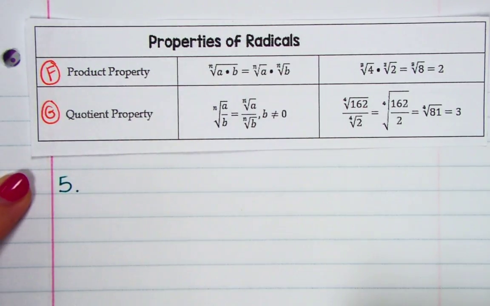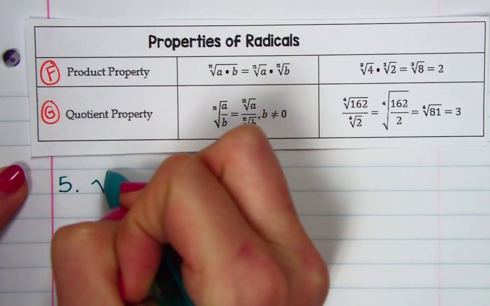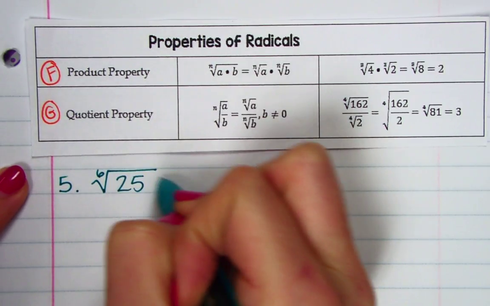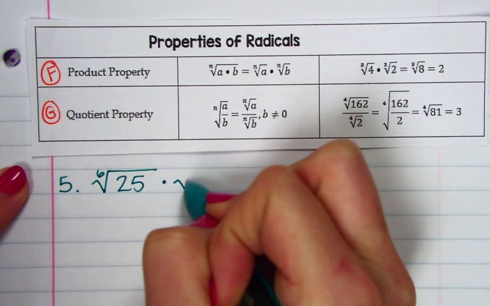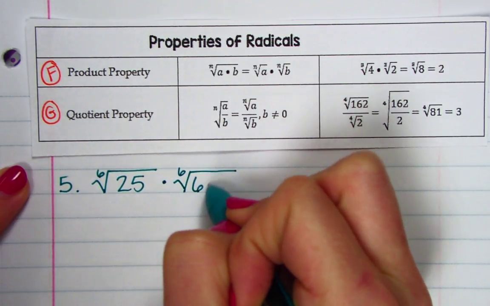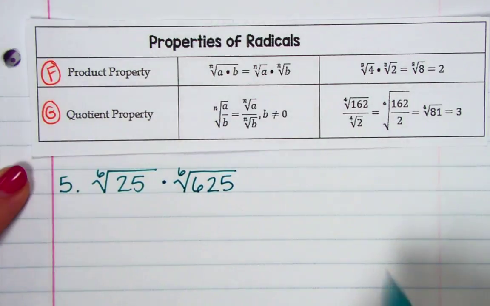Okay, so number 5. The 6th root of 25 times the 6th root of 625.